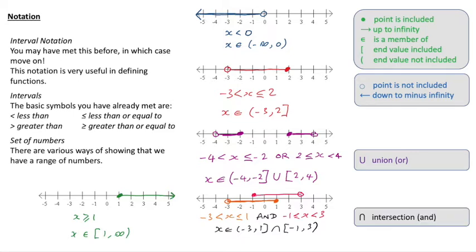And that's the intersection sign, meaning and. We can conclude in this particular case that x is a member of the set from -1 up to 1. Notice both ends become square because those relevant ends of the intervals are points included.